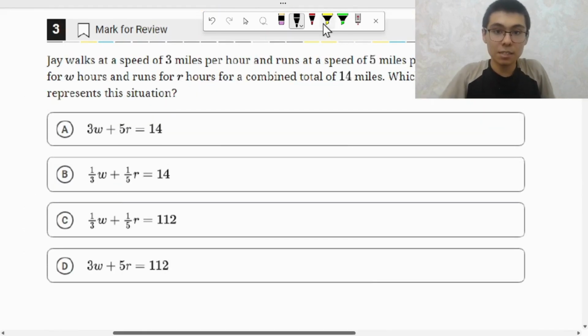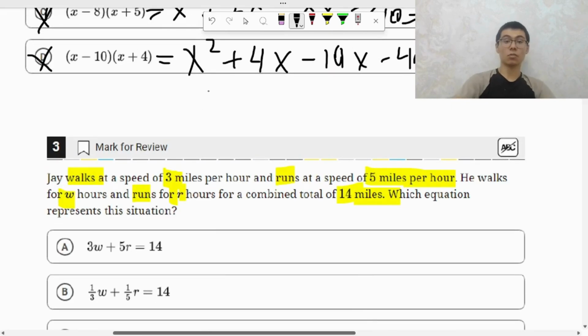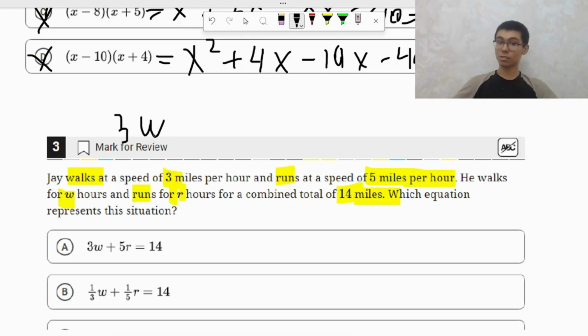Jay walks at a speed of 3 miles per hour and runs at a speed of 5 miles per hour. He walks for W hours and runs for R hours, for a combined total of 14 miles. Which equation represents this situation? So we know that his speed of walking is 3 miles per hour, and we can multiply that by W. W is the amount of hours he walks.